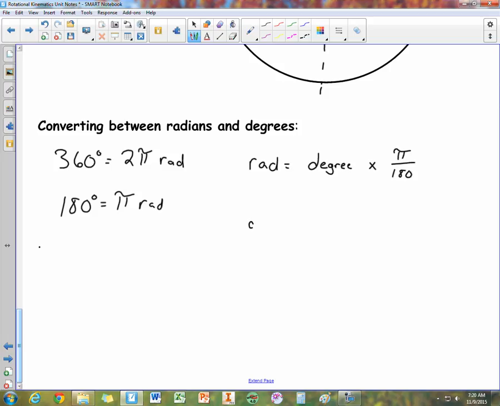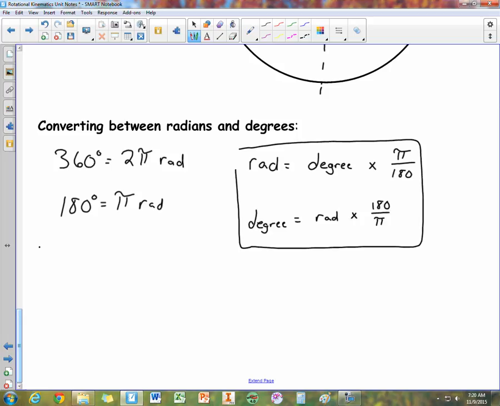And likewise, to get the degree, that would equal the radian times 180 over pi. So if you know what the radian is, plug it in here and do your math to get the degree. And if you know what the degree is, plug it in here, do your math, and get the radian.